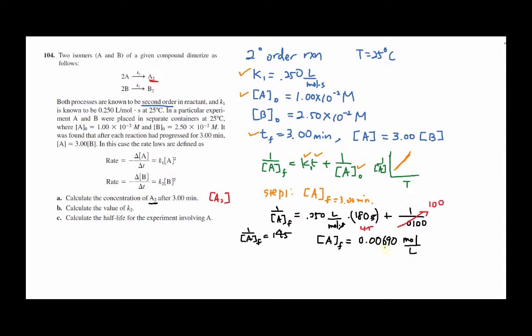So this is what you observe after t passes 3 minutes. So we have to find how much concentration of A, the reactant, was used up to make our product A2. So to find the concentration of A reacted, you have to subtract the initial concentration minus the final.